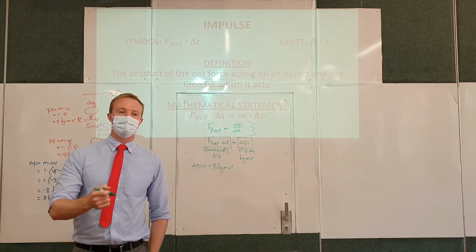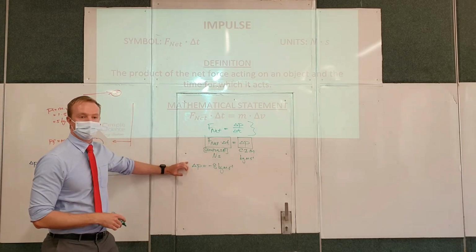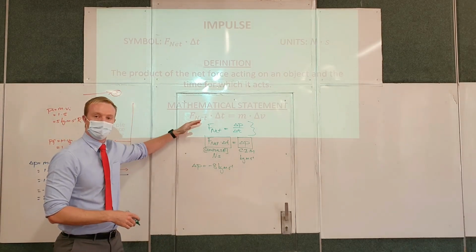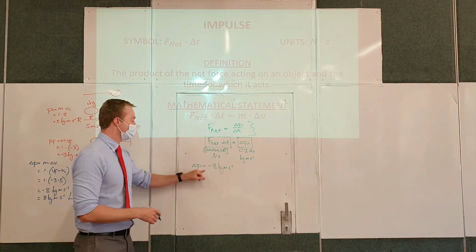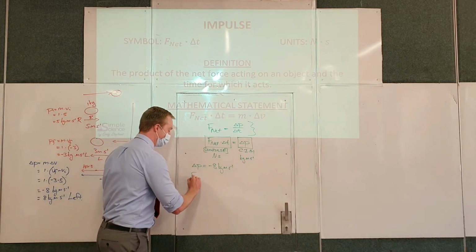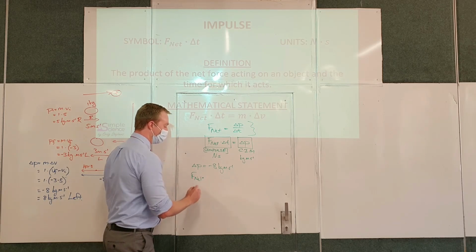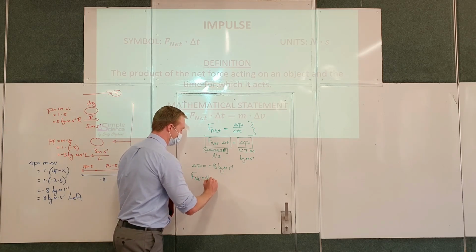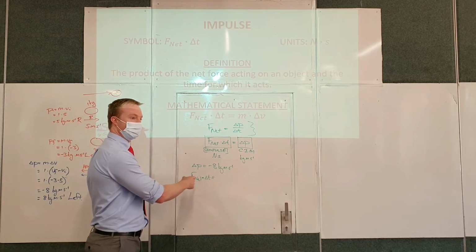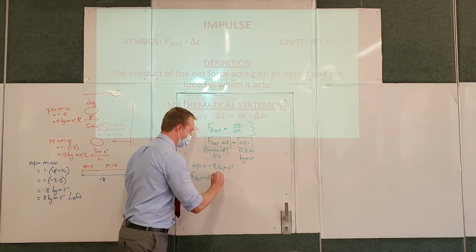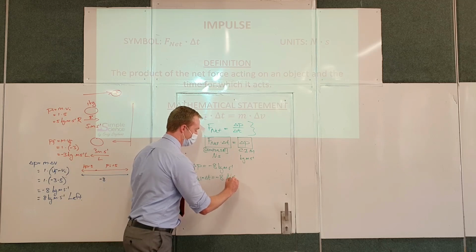And then the following question, and you'll see that the first question may have been for 3 or 4 marks because there was formula, substitution, answer. But the following question says, calculate the impulse. And then it's only for 1 or 2 marks. And then all that you do is you say F net times delta t, that is the formula or the symbol for impulse, is equal to -8, and you change the units, Newton seconds.